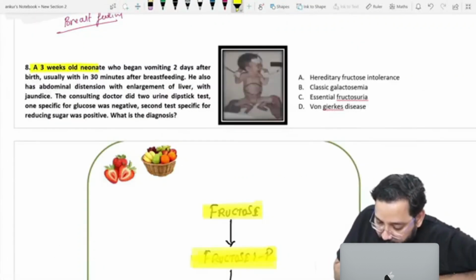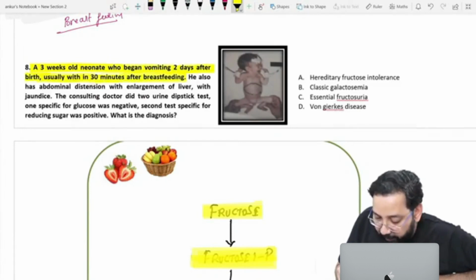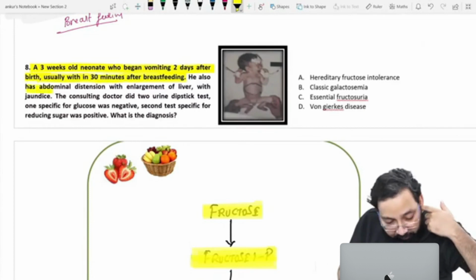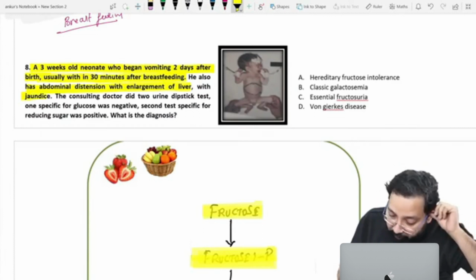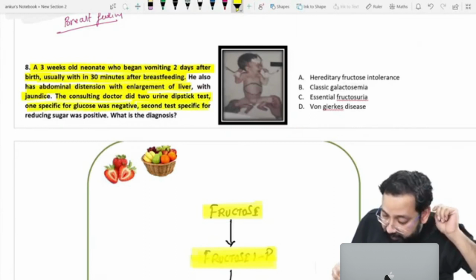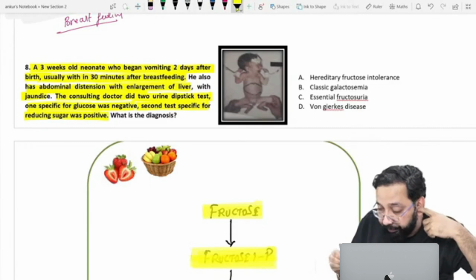Now listen to the question. A 3-week-old neonate who began vomiting 2 days after birth, usually 30 minutes after breastfeeding. He has abdominal distension with enlargement of liver with jaundice. Urine step 1 for glucose was negative. Second step for reducing sugar was positive.